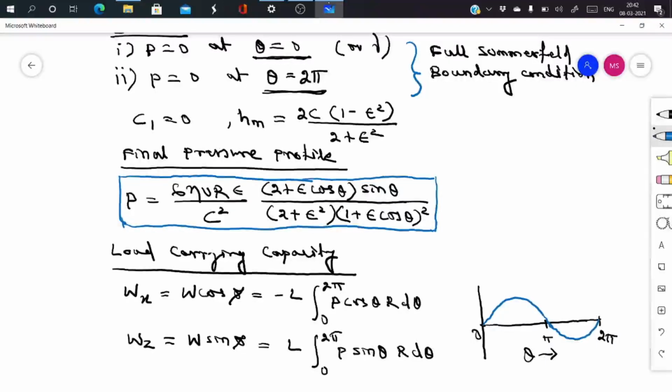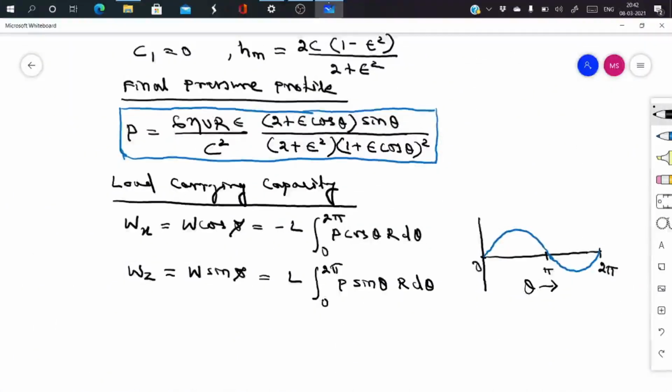So kind of periodic. So now in order to evaluate these Wx and Wz, you can use the integration by parts rule.